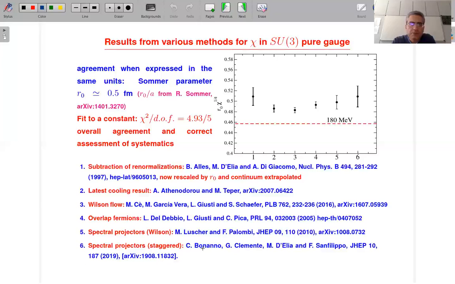So the determination was just a numerical check that everything was working correctly. This is why the error bar is so large. It's not something strictly related to the method. It can be improved if you take more statistics and spend more time performing another value of the lattice spacing, for sure.